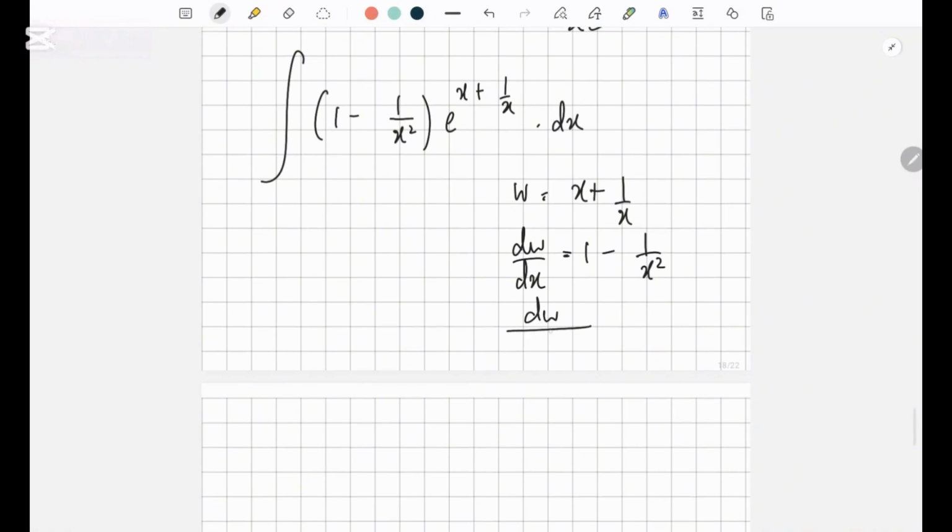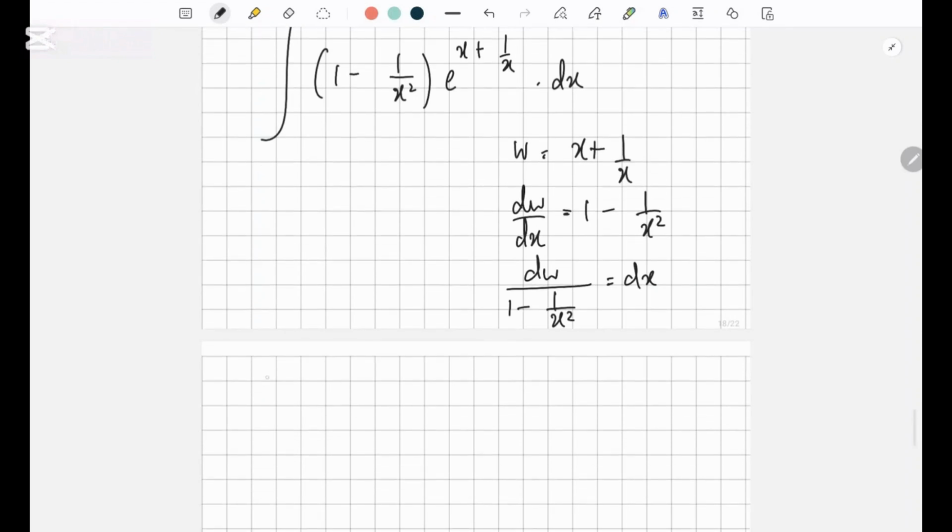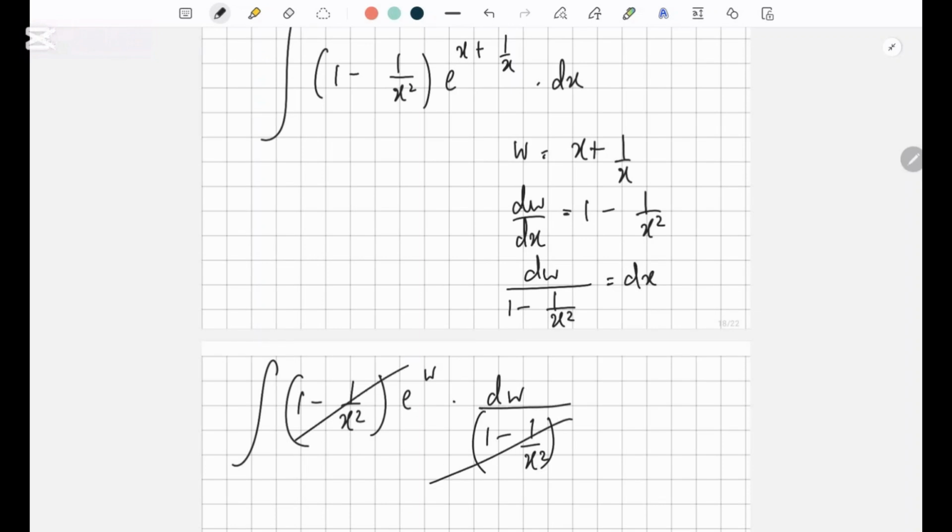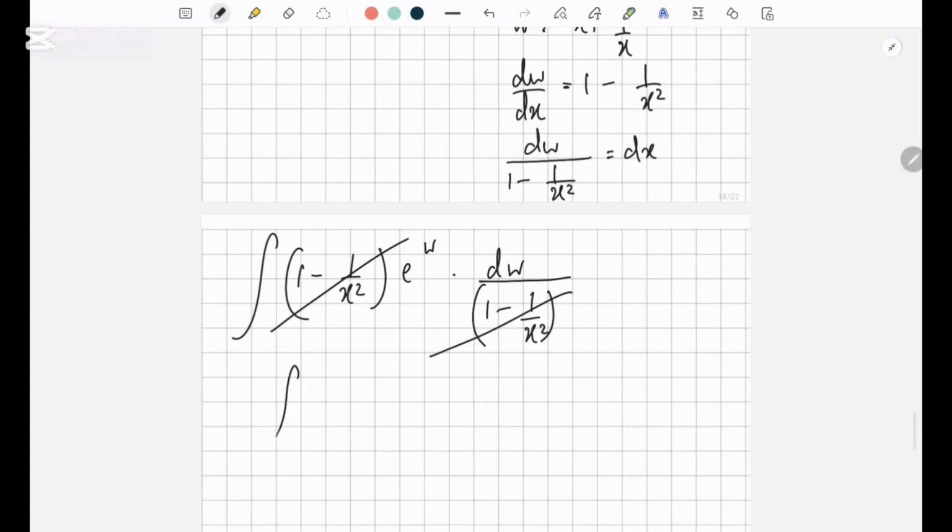So dw over 1 minus 1 over x squared equals dx. Now 1 minus 1 over x squared into e to the power x plus 1 over x dx, instead of dx, I'm going to write dw over 1 minus 1 over x squared. These two cancel off. All you have to integrate is e to the power w.